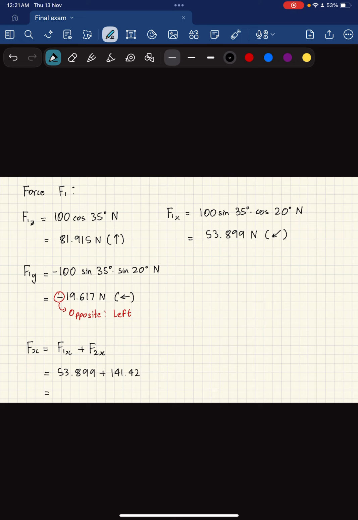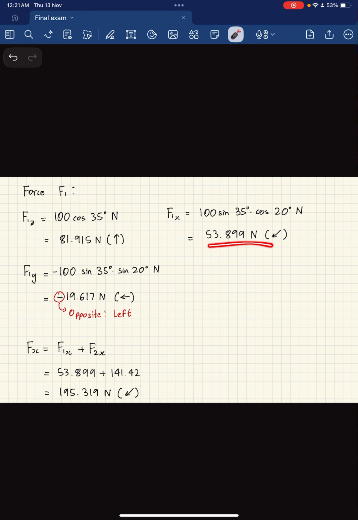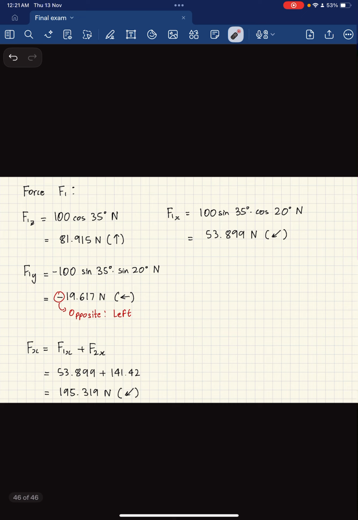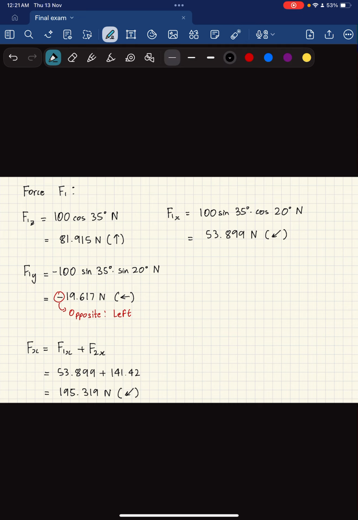So it becomes 195.319 Newtons. Again, the direction is the same because both F1x and F2x are positive, so the resultant will also be positive. That's for Fx.